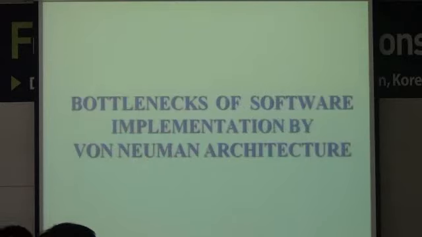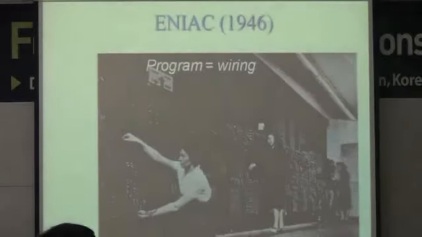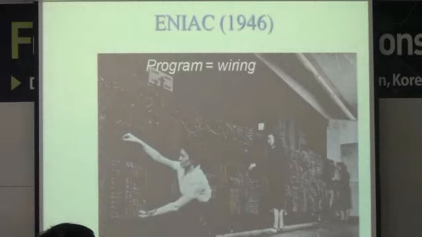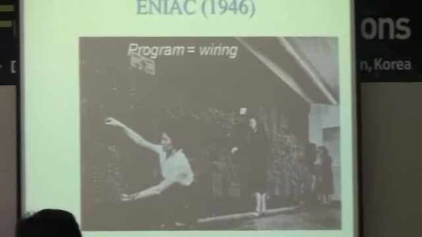What we have today in software implementation is implementation on the von Neumann concept of computer. And this concept has some bottlenecks, because the main difference from the first computer, ENIAC, is that in ENIAC the program was given by wiring.